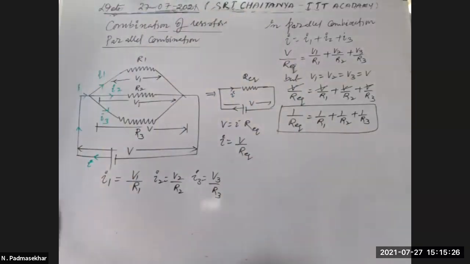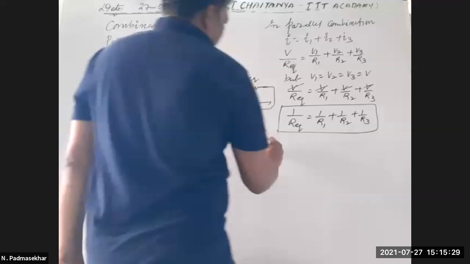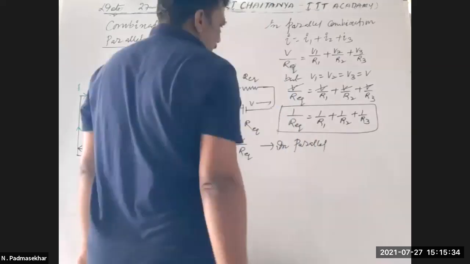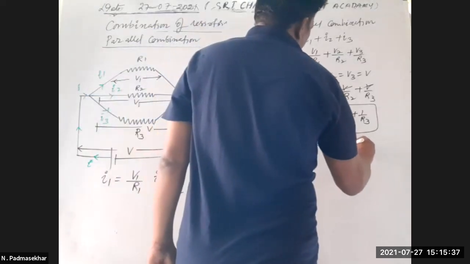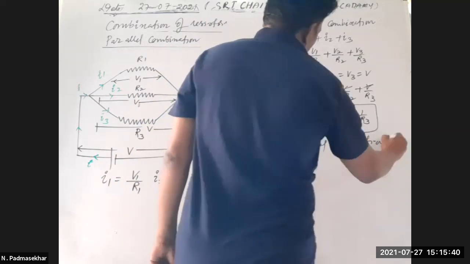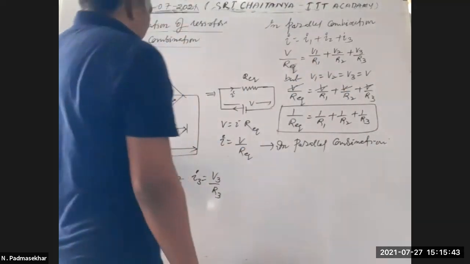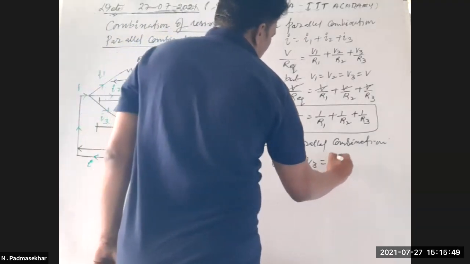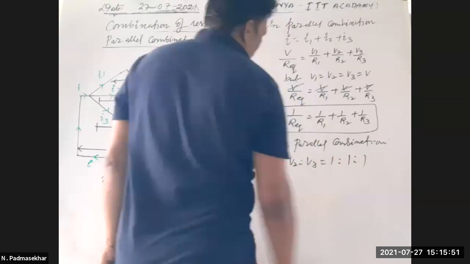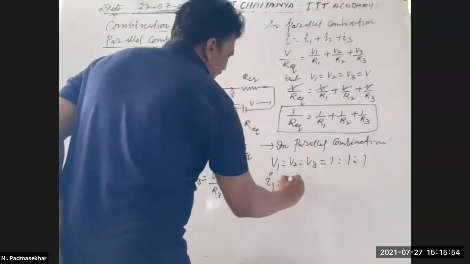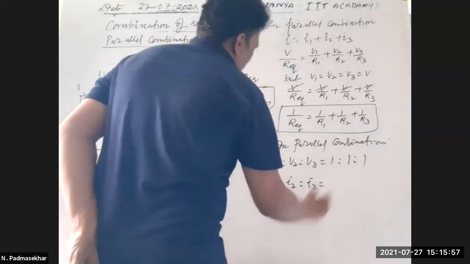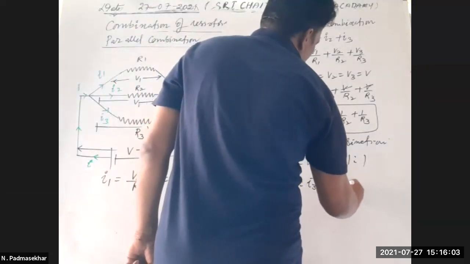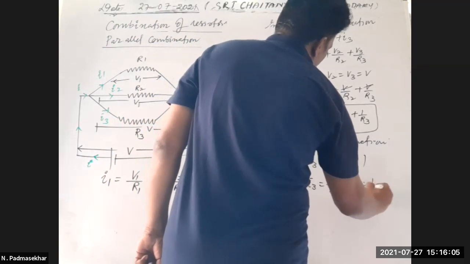So in parallel combination, the ratio of the potentials V1 is to V2 is to V3 is equal to 1 is to 1 is to 1. Ratio of the currents I1 is to I2 is to I3, current is equal to V by R, that is 1 by R1 is to 1 by R2 is to 1 by R3.